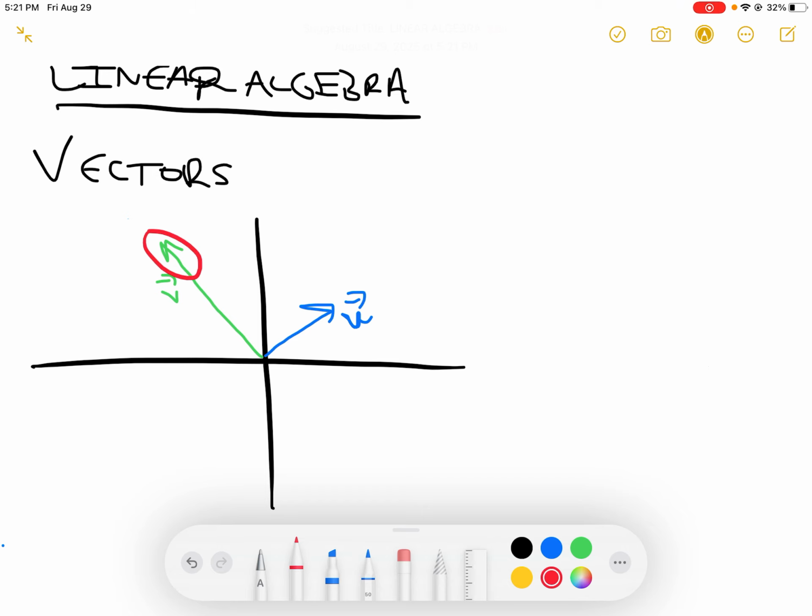So this is the tip, this is the tail. So that means that we need to move u up here. And we can do that because these are the same vectors, it's just no longer in standard position. That's the only difference. So that's the first step that we do. You do a tip to tail.